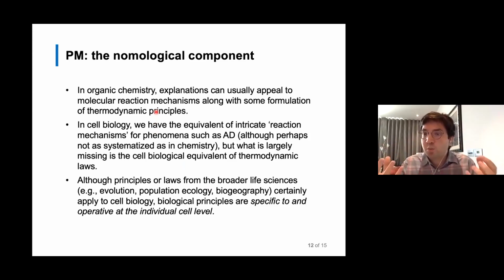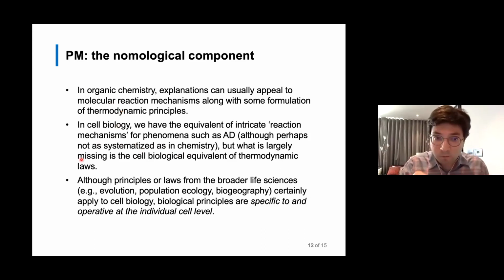In biology, what we have is the molecular reaction mechanism in a way. In AD, for example, maybe it's not as detailed or systematized as it is in chemistry, but we have it. What is missing is the biological equivalent of the thermodynamic principles.